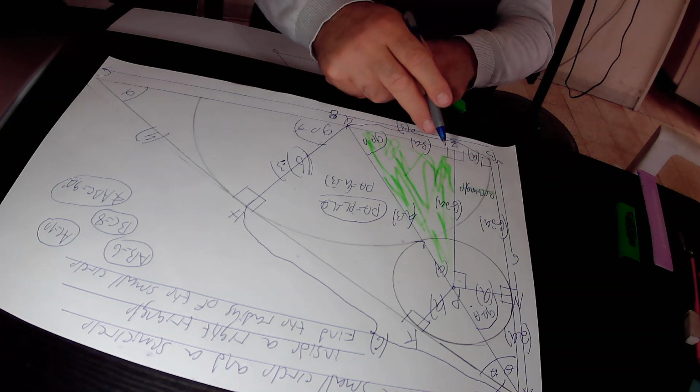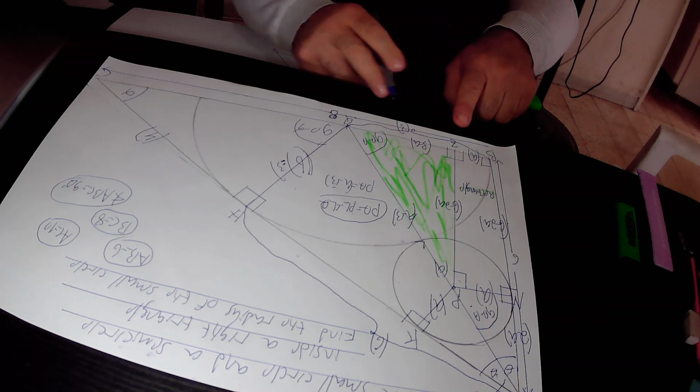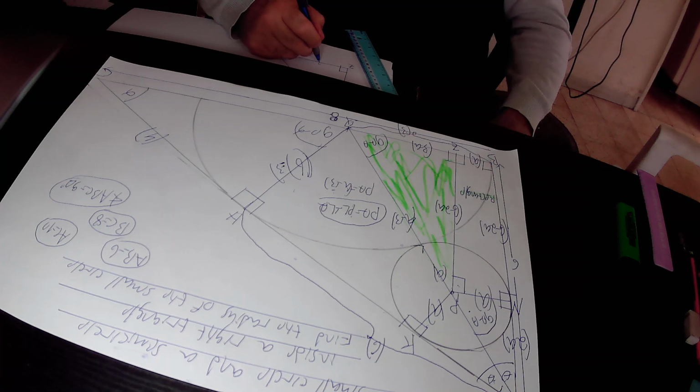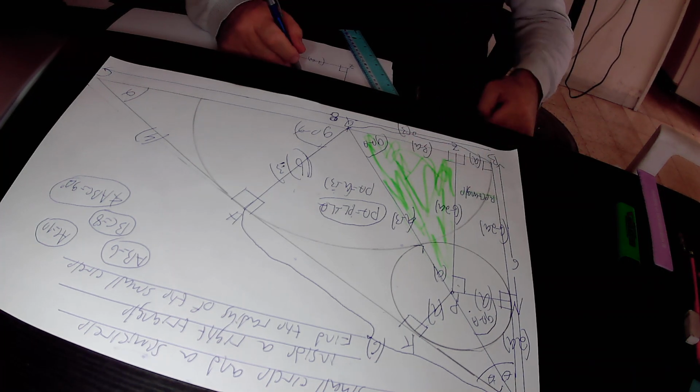Side PZ equals 6 minus 2A. Side ZQ equals 3 minus A. And the length of the hypotenuse PQ is A plus 3, or 3 plus A.